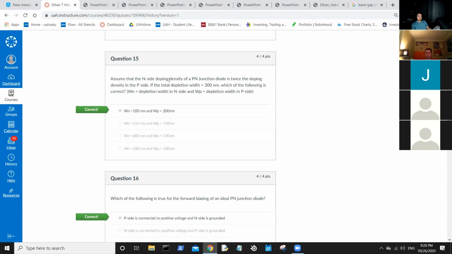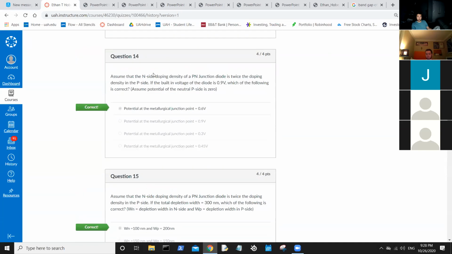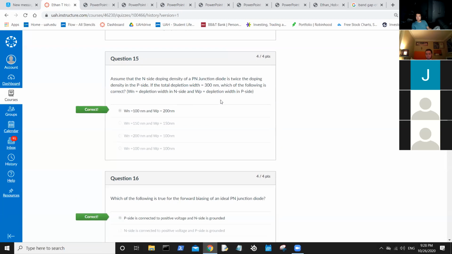So if we look at this, the N side doping density is twice the doping density in the P side. So this is the exact same thing here. So we know that the P side has a ratio of 2/3. Well, what's 2/3 times 300? It's 200. And then whatever's remaining is your opposite side. So this is the same exact principle, but multiplying by a different value. It's multiplying by the depletion region here.